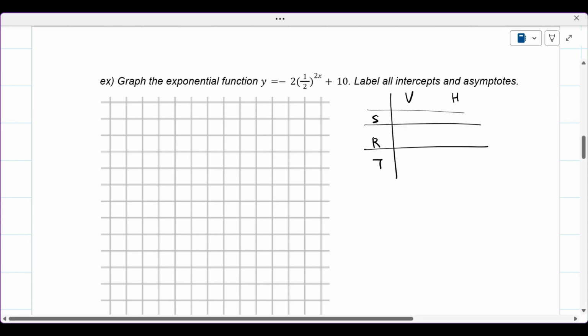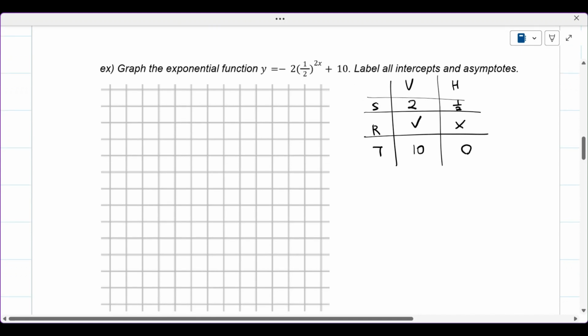This graphic organizer? First of all, there is a vertical stretch by a factor of 2, and there's a vertical reflection. There's a horizontal stretch by a factor of 1/2. And then we do not have a horizontal reflection. And there's no horizontal translation, and there is a vertical translation of 10 units.